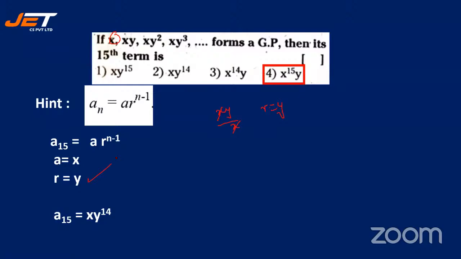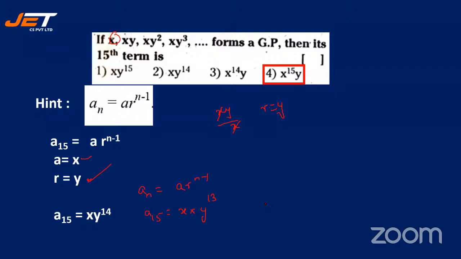See, therefore, A15 is AR to the power n minus 1, isn't it? So what is the formula for AR to the power n minus 1? So A15 is, we know A is x, just substitute x. Okay, R is y. Here we found out to the power n minus 1. That is n minus 1 means your n is 14. So 14 minus 1 is 13. Isn't it?